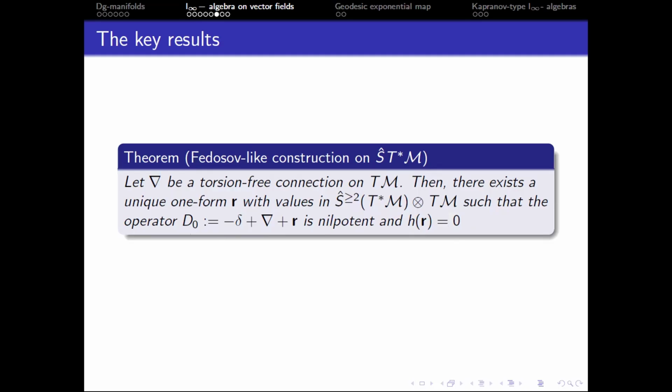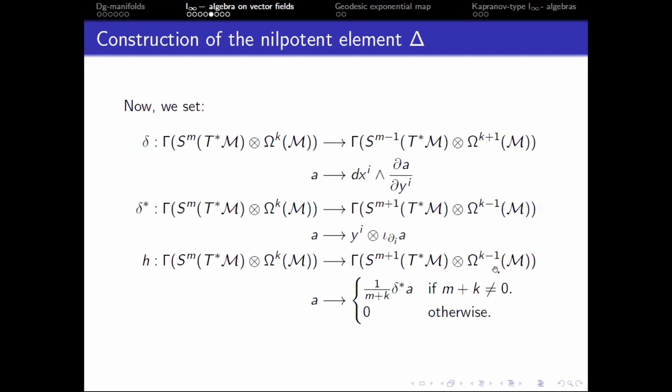Okay. So now I'm going to use this operator d0 to produce the delta operation that I need. As you remember, I want to define this nilpotent element delta to define the brackets for the L-infinity-algebra.